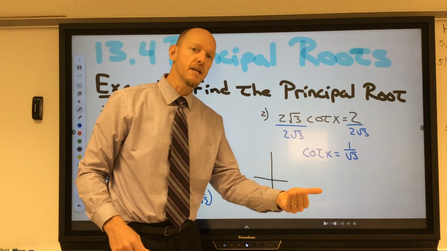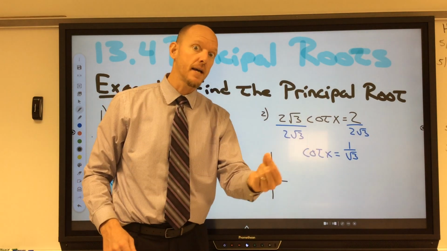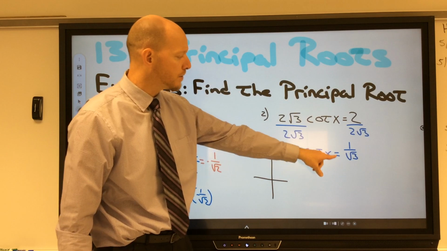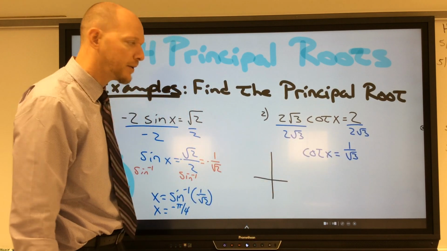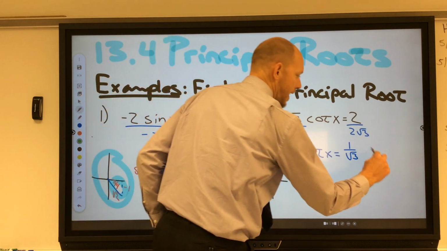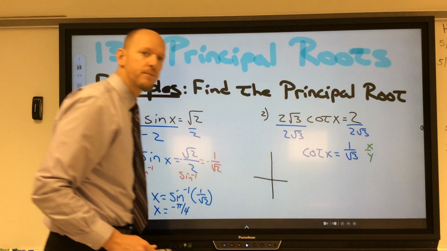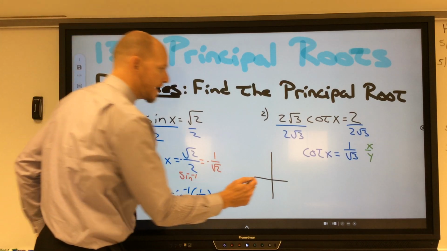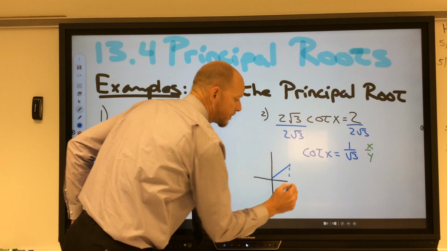Because whenever I'm using inverses, I'm basically trying to find an angle. So what this is telling me is cotangent of some angle is equal to 1 over the square root of 3. I know that cotangent represents x over y. And since it's positive, I'm going to be in the first quadrant.